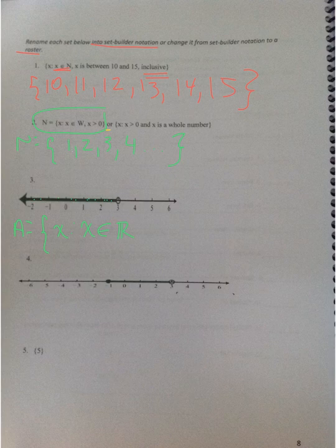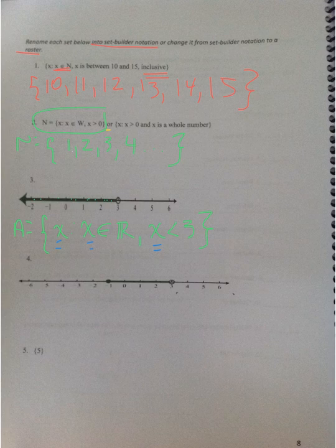And more specifically, it's asking them to be less than 3, which is why you have an open circle on 3. So this is set A, you can call it set B, set C, whatever you'd like. X such that x is an element of reals and x is less than 3. Things to remember, you must have your x on the left-hand side, or whatever you choose to call it here. It has to be on the left-hand side.